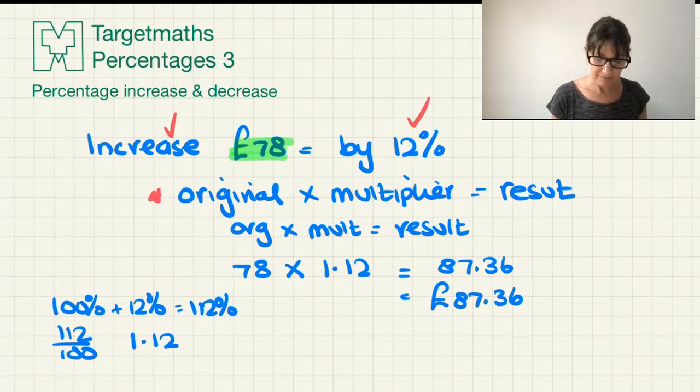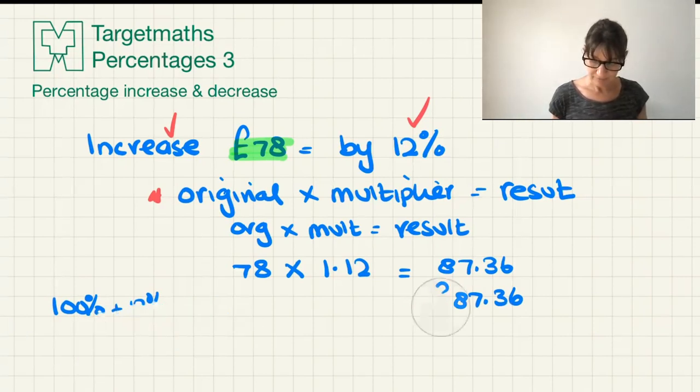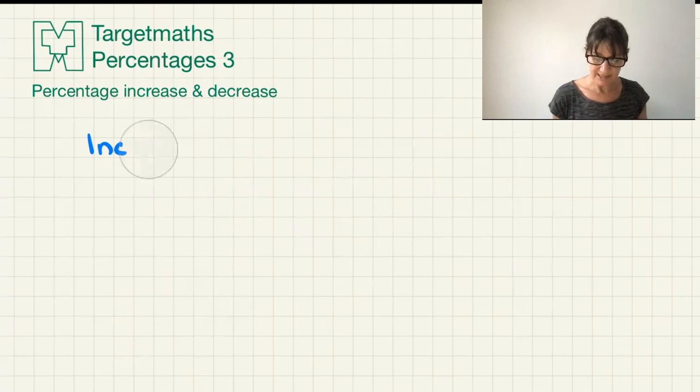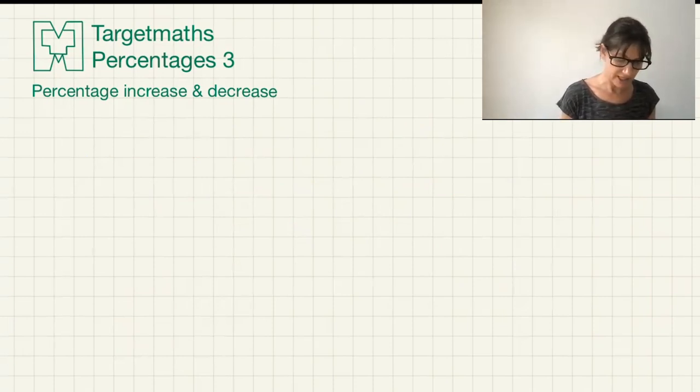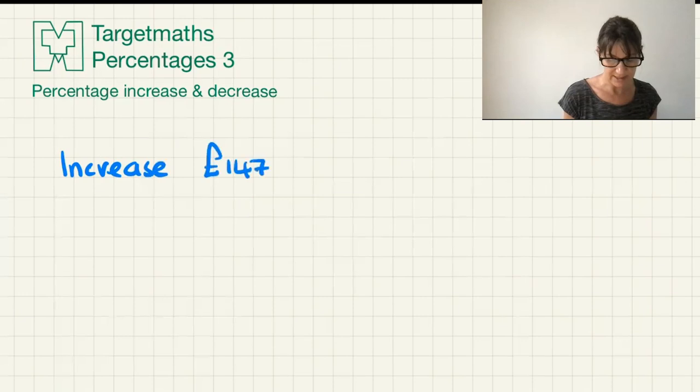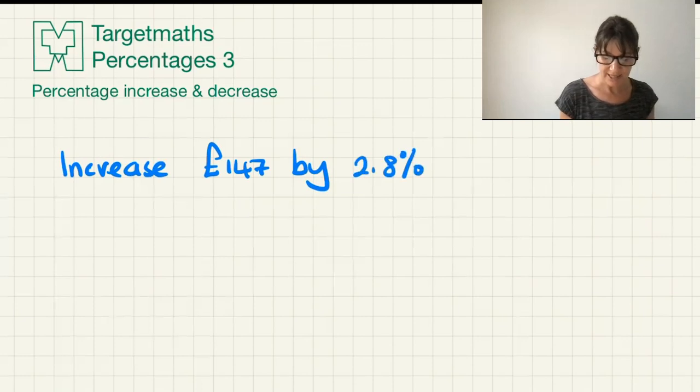All right, so that is your first increase example. We're going to do one more. This time we are going to increase. So the question could look like this. Increase 147 by 2.8%. So I do the 2-tick test. It's increase, brilliant.